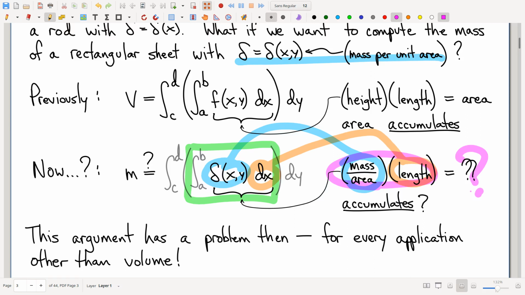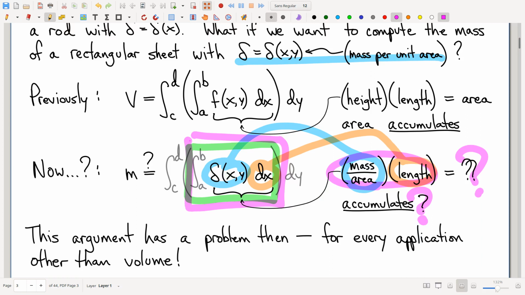I don't really know how it behaves. If I don't have a good intuitive understanding for even what this thing is, how can I assert persuasively that this is an accumulating quantity and that I can, in fact, argue that the whole is the sum of the parts? I don't think you can make that argument because this is a quantity that we have no previous experience with.